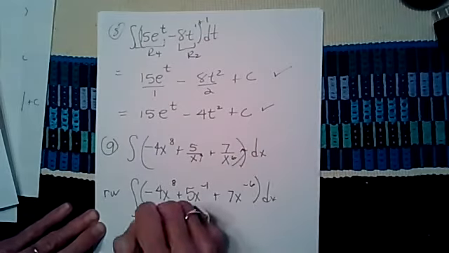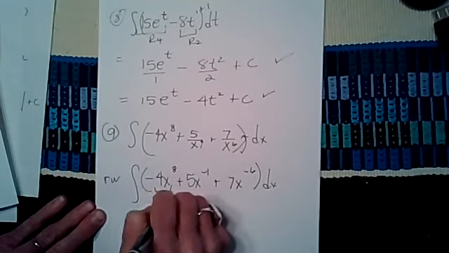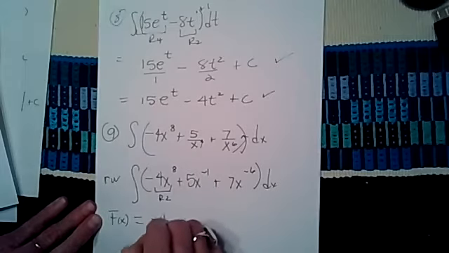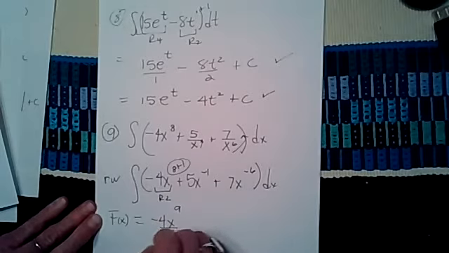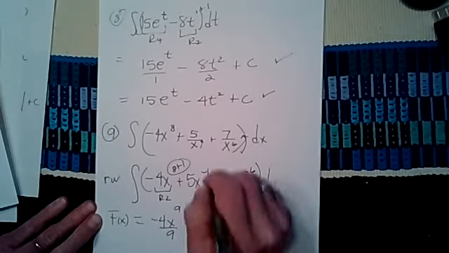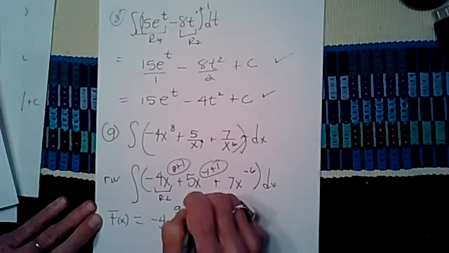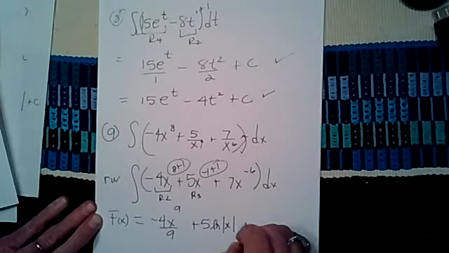Whenever I move these up, I just change the sign of the exponent. So now here I go. That exponent is not negative 1, so that's just rule 2. So my antiderivative is negative 4x. When I add 1 to 8, I get 9 divided by 9. Plus 5. When I add 1, I do get 0. So that's my rule 3. Okay, so that's 5 ln of the absolute value of x plus, here you go, 7.